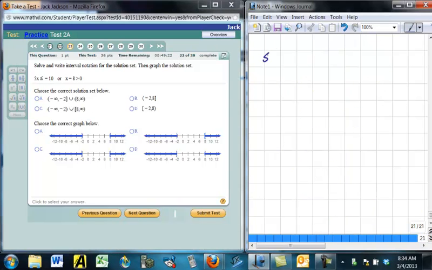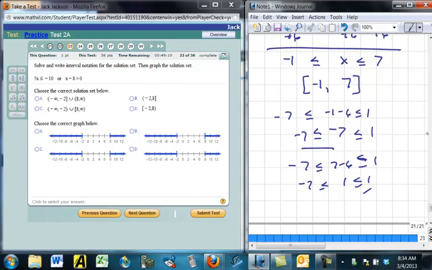Okay, 5x less than or equal to negative 10, or x minus 8 is greater than 0. Back up to the last one just a minute. Well, just say this here, for example. This is saying negative 1 is less than or equal to x, and x is less than or equal to 7.